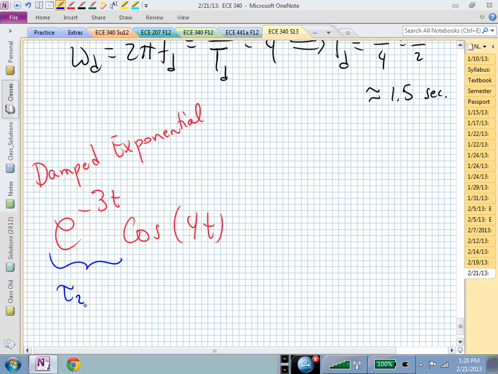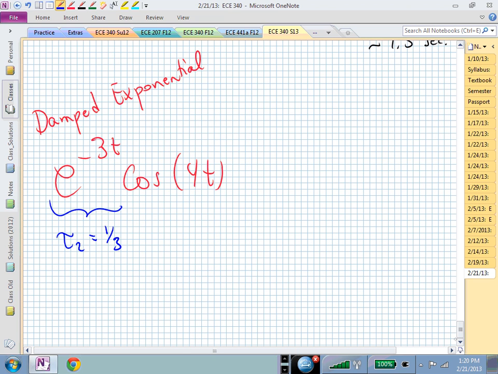I think we called this tau sub 2. That was 1/3, wasn't it? When is that going to effectively be gone? When will that squish everything? After 5 of those, right? After 5 tau sub 2s, this is now gone.